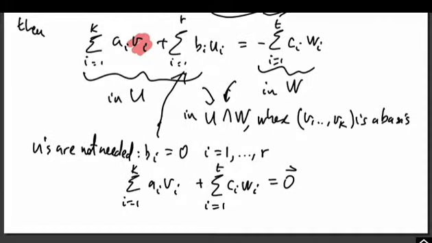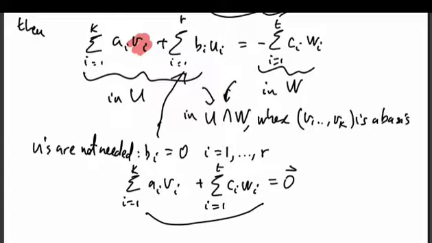But now we are in the W space, and there, when you put together the V's with the W's, it's a basis in the W set. And if it's a basis, they are linearly independent, and the only way to create a zero vector is if they are all zero coefficients.